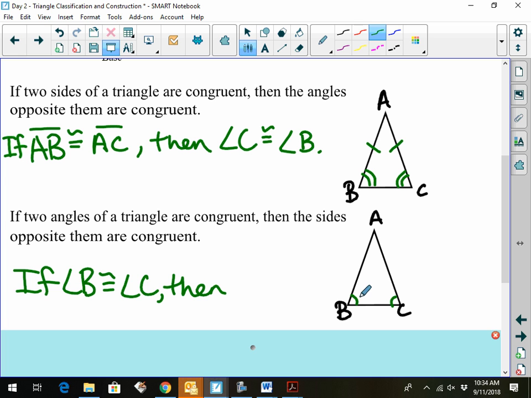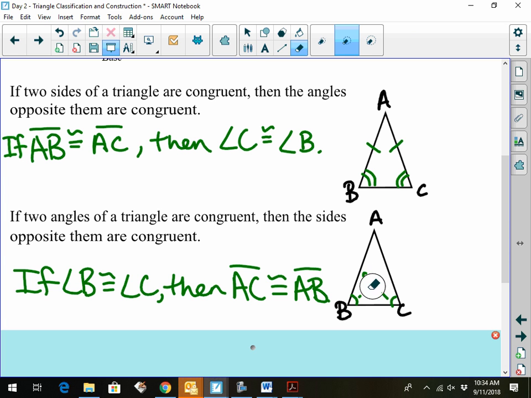So the side opposite of B is segment AC, and the side opposite of C is segment AB. So if we know that the angles are congruent, then the sides opposite must also be congruent.